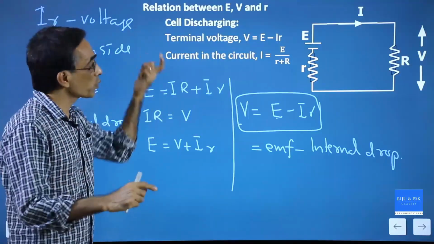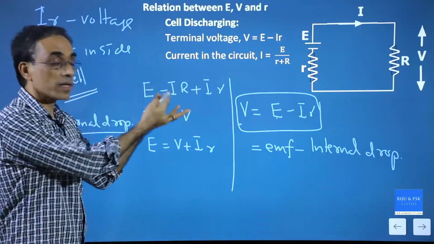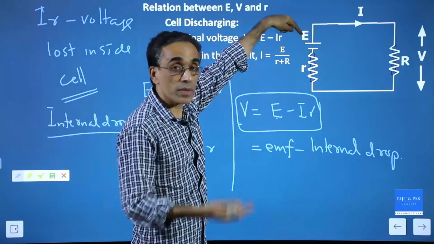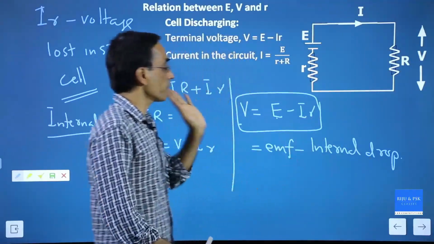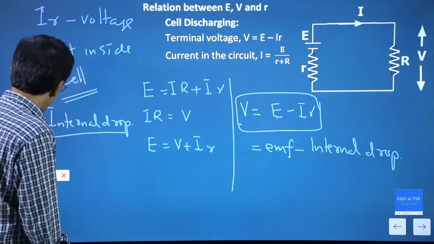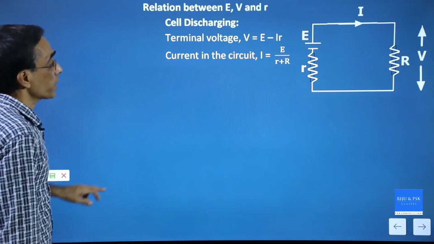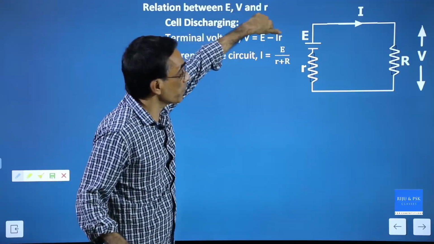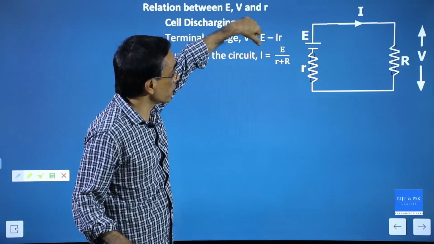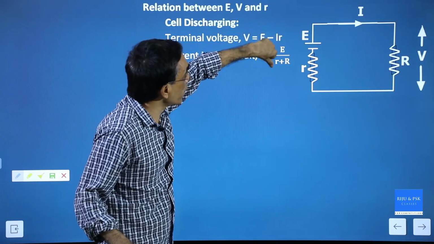That's what we call the available one. In the last class I gave you two terms, one is created, another is available. E is the EMF created, but available is less. EMF minus internal drop is available. So from here you get two equations. One, V equal to E minus Ir, the terminal voltage, and the second one, I equal to E by R plus r.